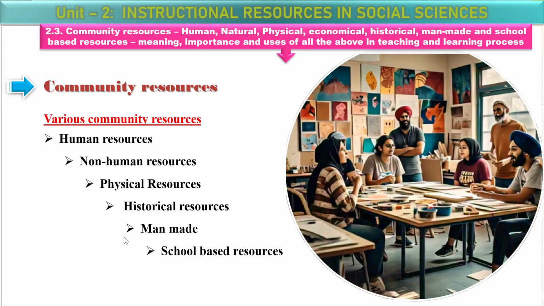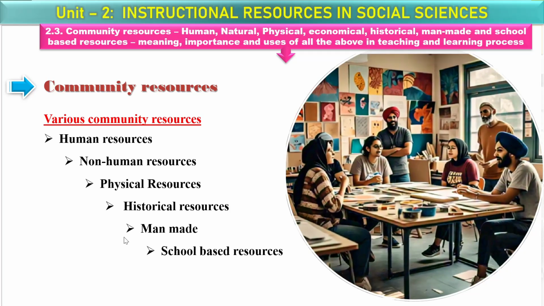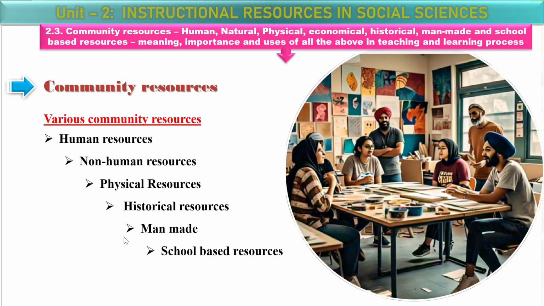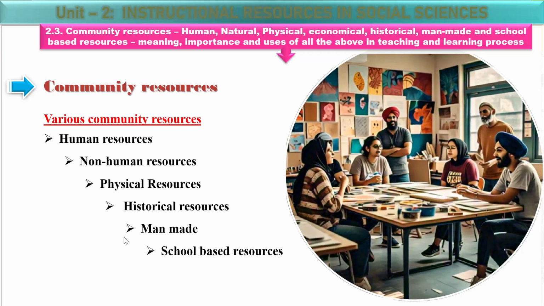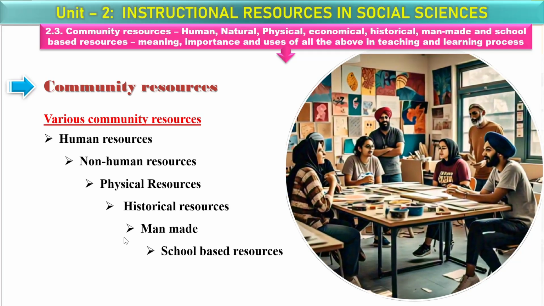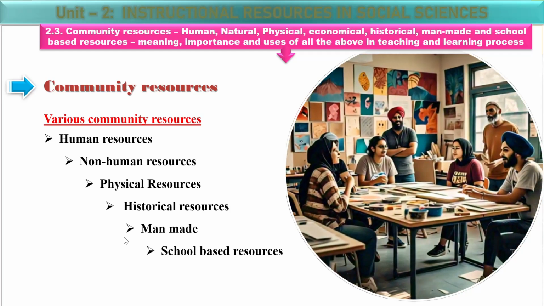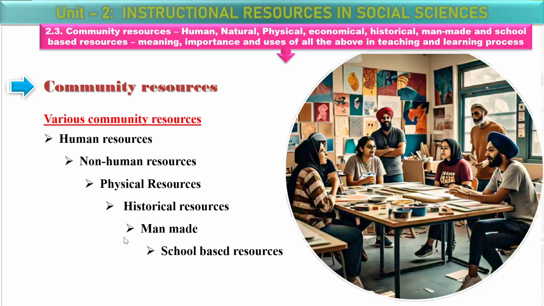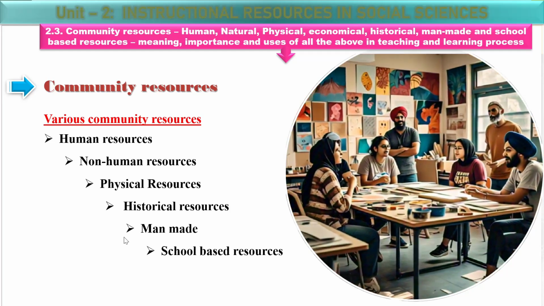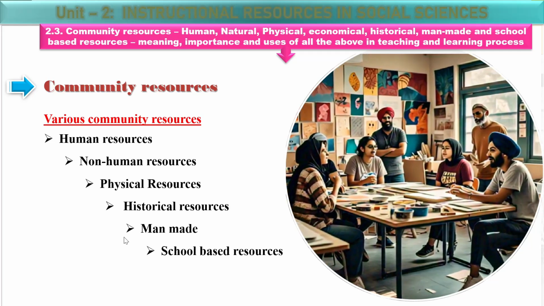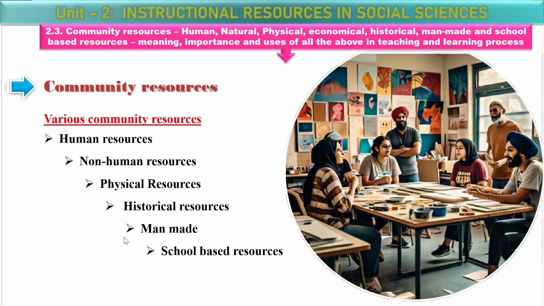So they are people. Then when we talk about places as community resources, we have places of worship, shops, bakery, flower shops, grocery stores, post office, gym, playgrounds, railway stations. We have museums, library, cinema halls.